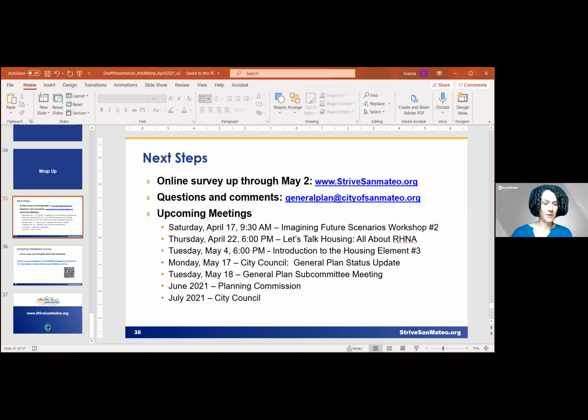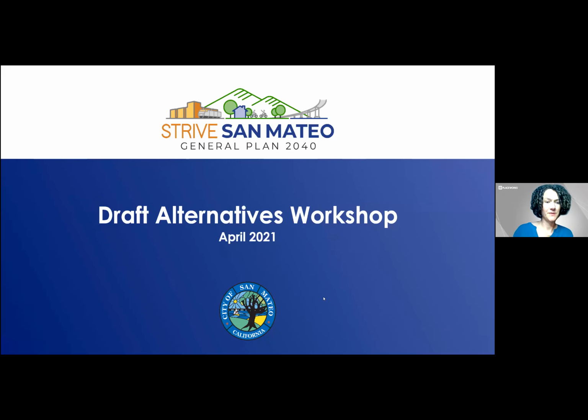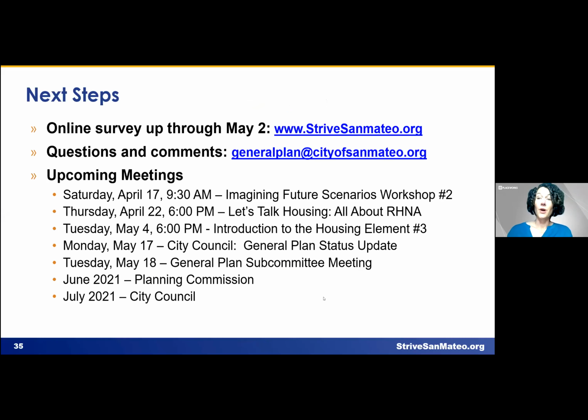I'm going to, as I said, share my screen again, just to provide you with a little bit of information briefly about next steps. This is going to be at the very end. So we have the online survey that I mentioned earlier. That's up at least through May 2nd.